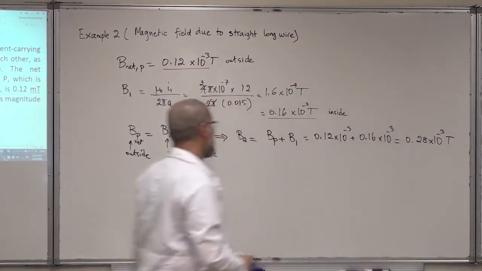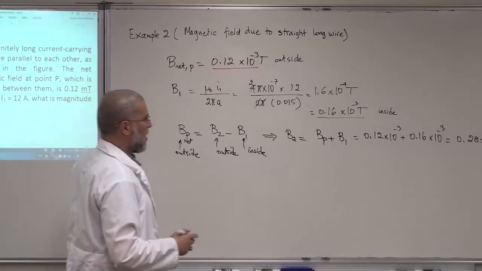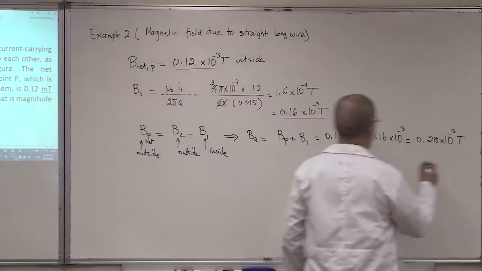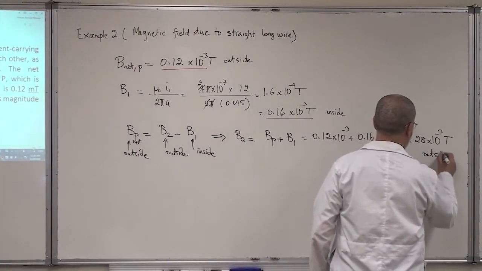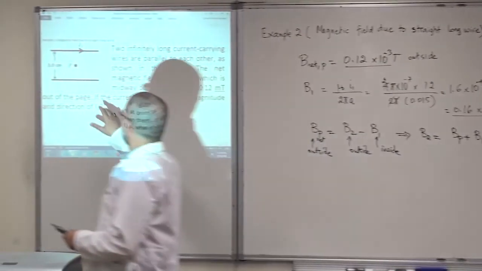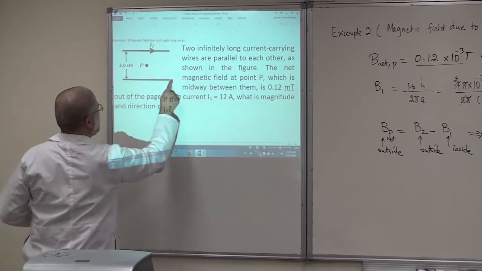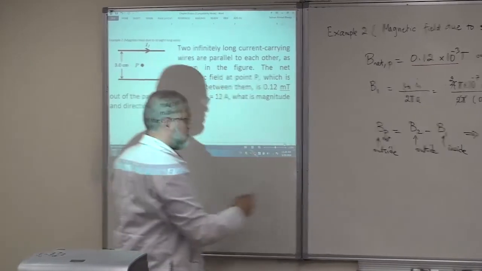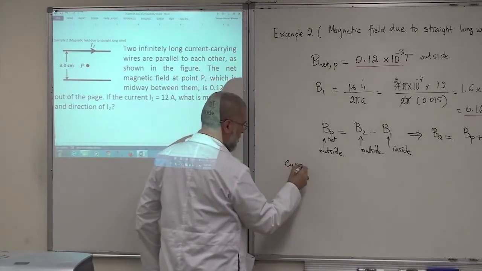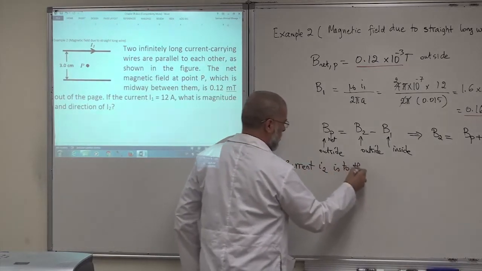That's the magnitude, and since it is positive, its direction should be outside. So we already know that for the current here to have a magnetic field outside due to the current I2, I2 should be to the right. So the current I2 is to the right.